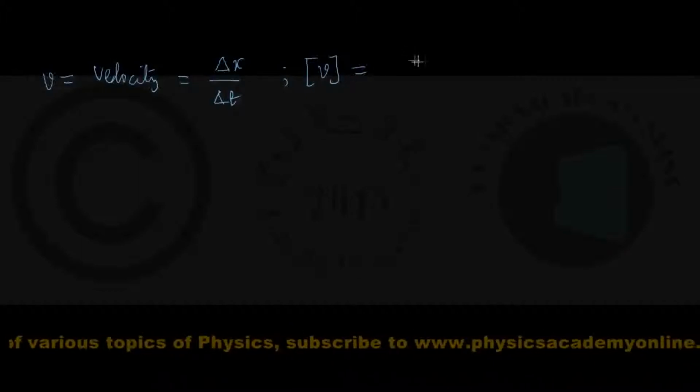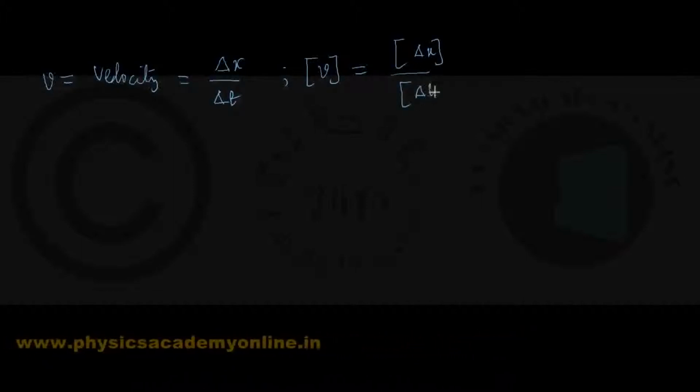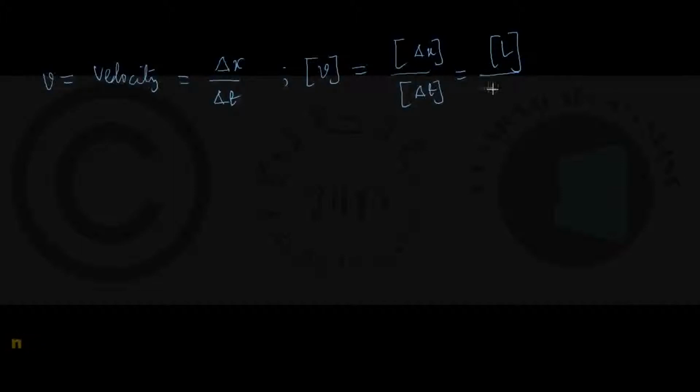You can find this by finding the dimension of length, that is the distance traveled in a straight line, divided by the dimension of delta t, that is the time interval. You already know the dimension of distance is L and the dimension of time is capital T in square brackets, so it comes out to be L into T to the power minus 1.